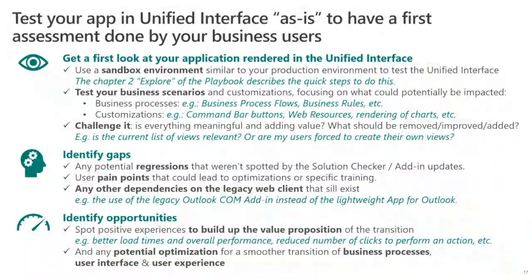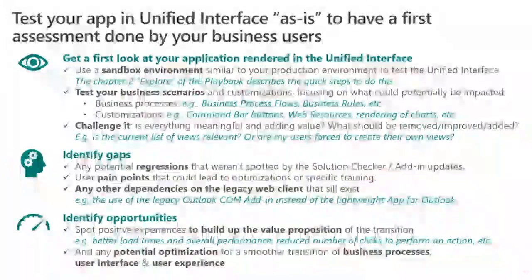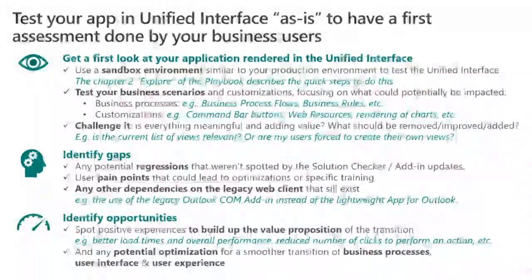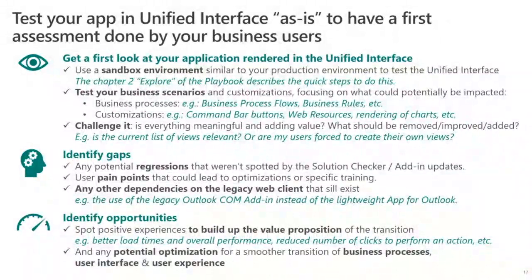For example, positive experiences from your users' feedback that will help you build up the value proposition of the transition. For example, better load times, better overall performance, reduced number of clicks to perform an action, etc. And really spot any opportunity for any potential optimization for smoother transition of business processes, user interface, and user experience.